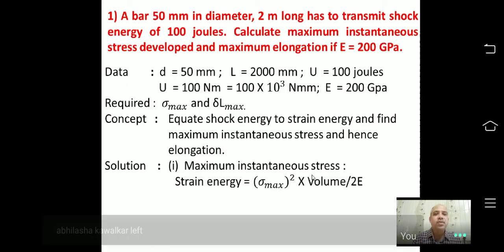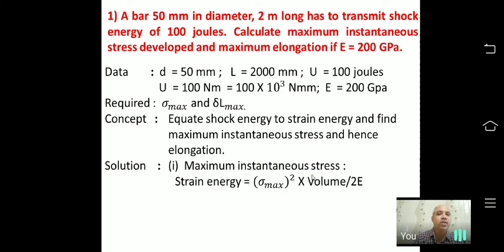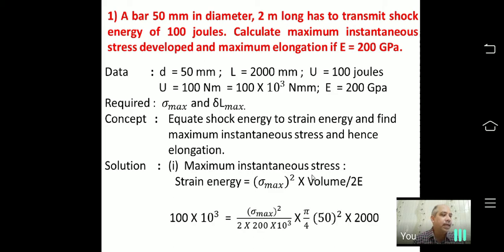We have the formula strain energy equals sigma square into volume upon 2E. Strain energy is 100 into 10 raised to 3, and volume is pi by 4 into 50 square as area, times L of 2 meters. Substituting, I get sigma max as 100.9 MPa.